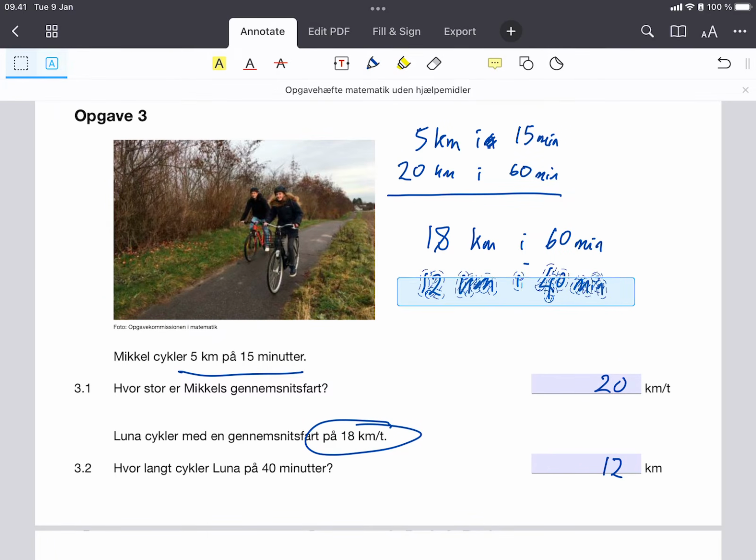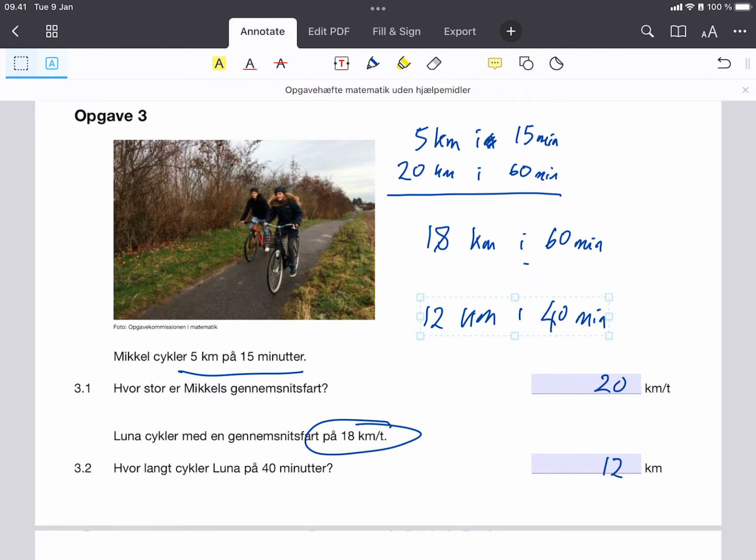If you want to do this the long, foolproof way, then I would set this out as: if she can do 18 kilometers in 60 minutes, then she can do 18/60ths of a kilometer in 1 minute.